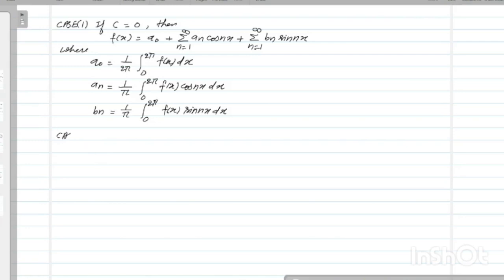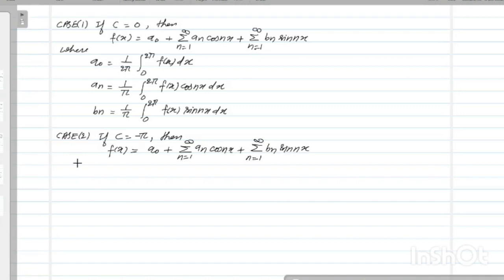Case number 2, if c equal to what? Minus pi, then what happens? Your Fourier series, f of x equal to a naught plus summation running from n equal to 1 to infinity a n cos nx plus summation running from n equal to 1 to infinity bn sin nx.